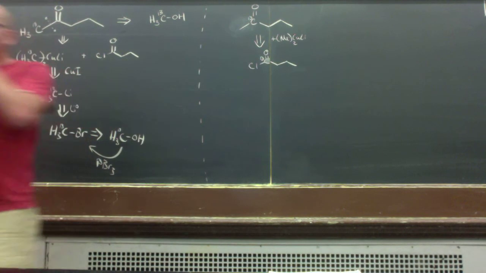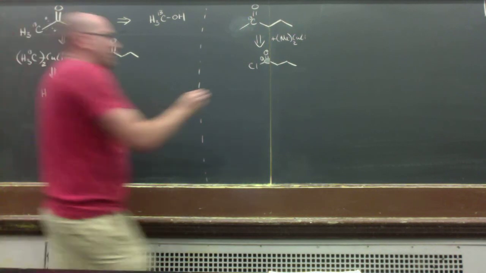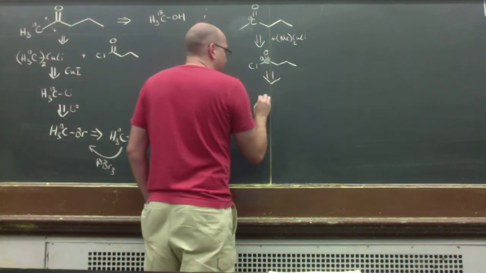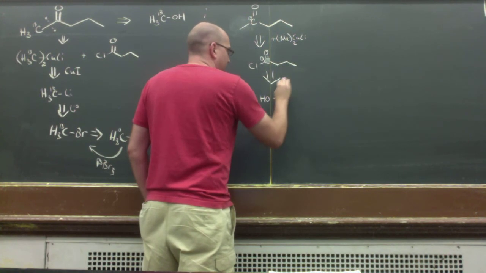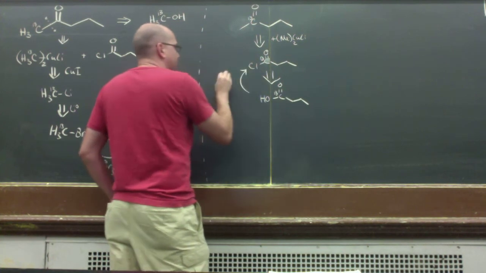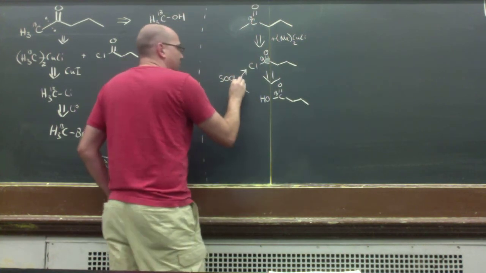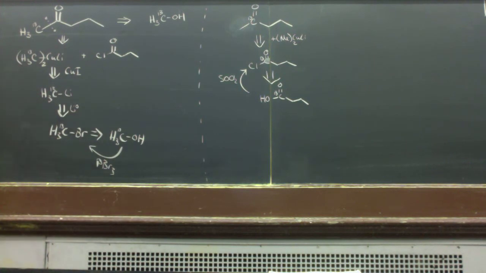How do we make acid chlorides? We're going to make it from the carboxylic acid, and what's the reagent? All right, so this would be SOCl2. Now we're at the carboxylic acid, and at this point there are a few different ways we can go about synthesizing this, and I wanted to hear what you would think.